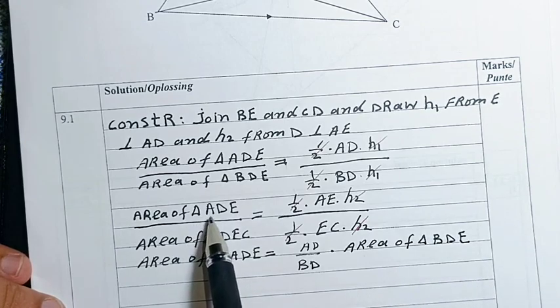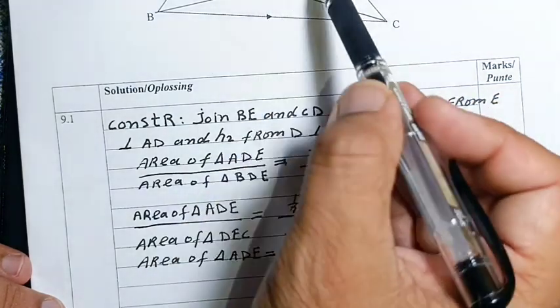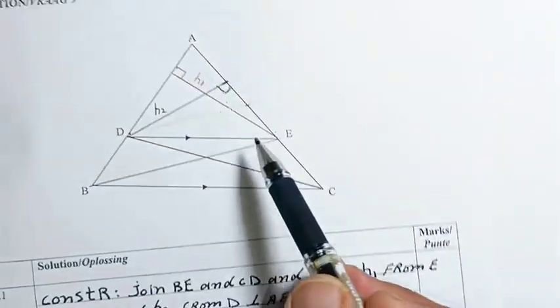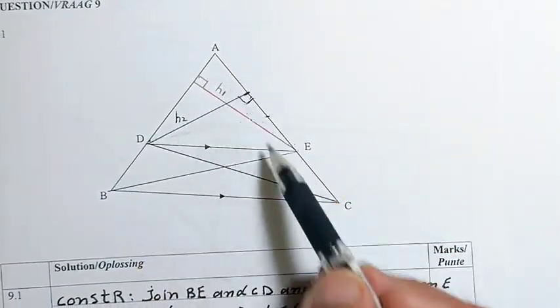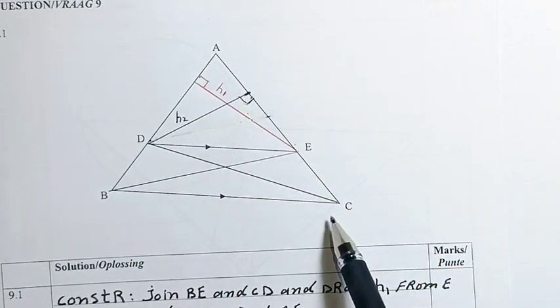Same, I isolate ADE in the second relation on the right hand side, which we proved, remember, the left hand side and right hand side proportion.